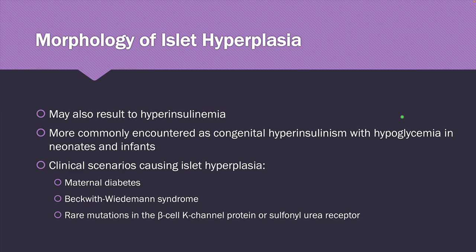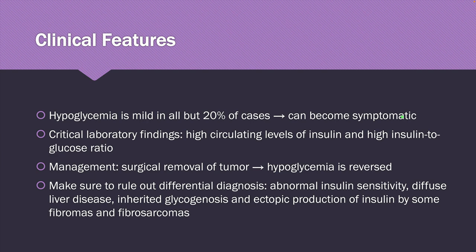So, the following clinical scenarios are what cause islet hyperplasia: maternal DM, Beckwith-Wiedemann syndrome, and rare mutations of the beta cell potassium channel protein or sulfonylurea receptors. Clinical features of insulinomas: hypoglycemia, kung meron man is mild, except in 20% of cases, so talagang masama.